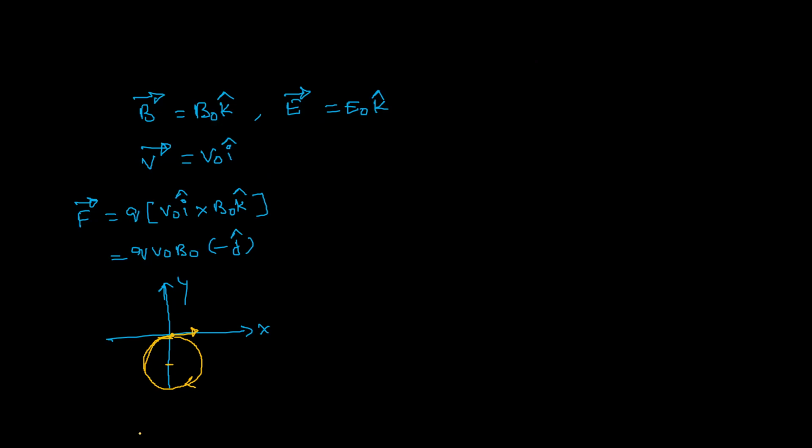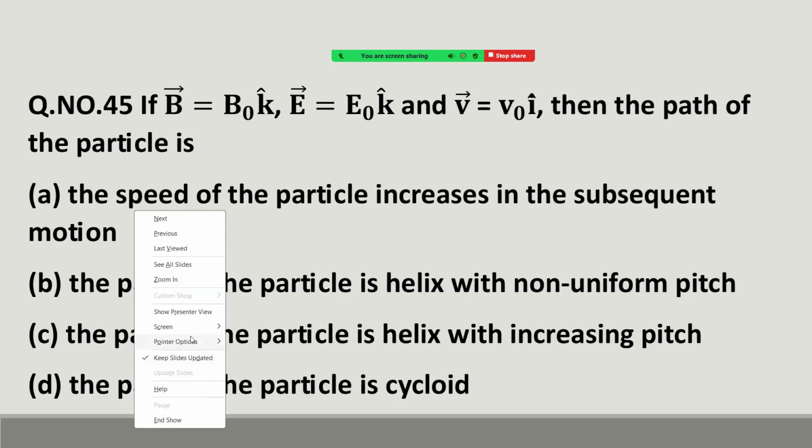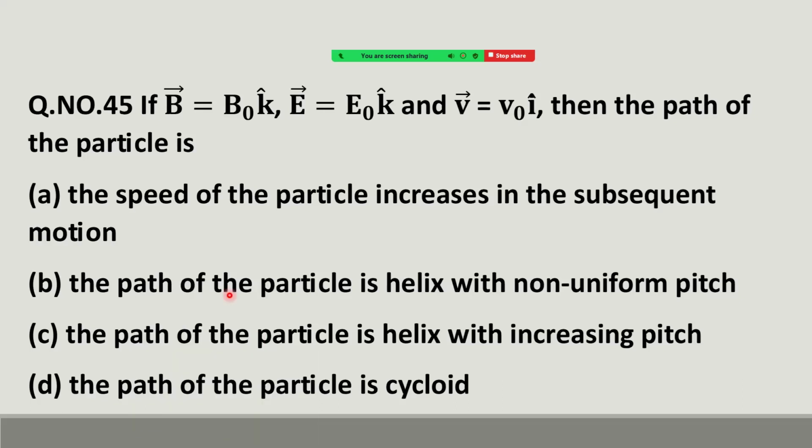Okay. Now see the options. The speed of the particle increases in the subsequent motion. So because of the electric field, speed will increase. Okay, that is clear. Next, the path of the particle is a helix with non-uniform pitch.